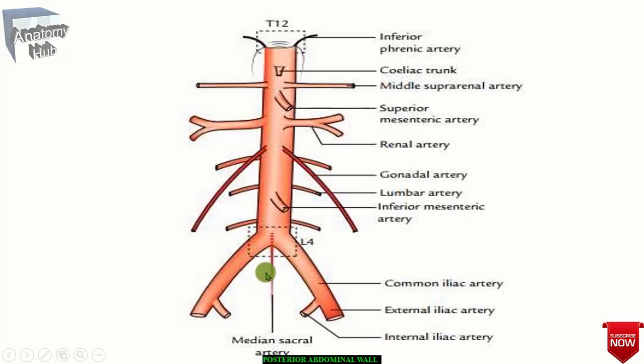There are numerous branches: mainly 3 unpaired ventral branches to the gut, to the GI system; 3 paired lateral branches to the 3 paired glands, that is the suprarenal gland, kidney and the gonads. You'll find the paired posterolateral branches, and the 3 terminal branches also, and above, the aorta also gives rise to the paired inferior phrenic artery, that you can observe over here.